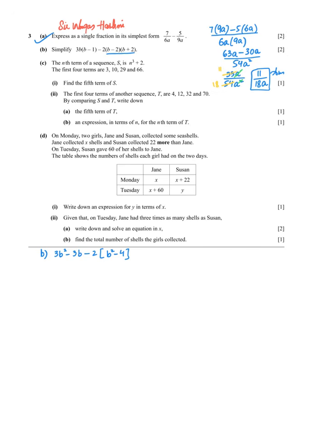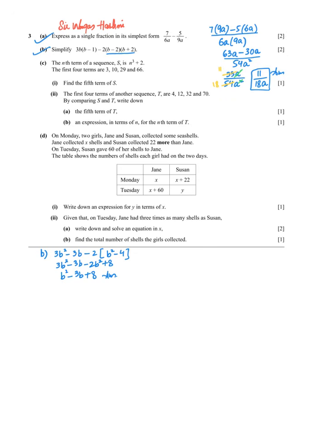So 2 square is 4, and now we can solve it. So 3b square minus 3b minus 2b square, minus minus plus, and it's 8. So 3b square minus 2b square, that leads to b square minus 3b plus 8. And that is your final answer.